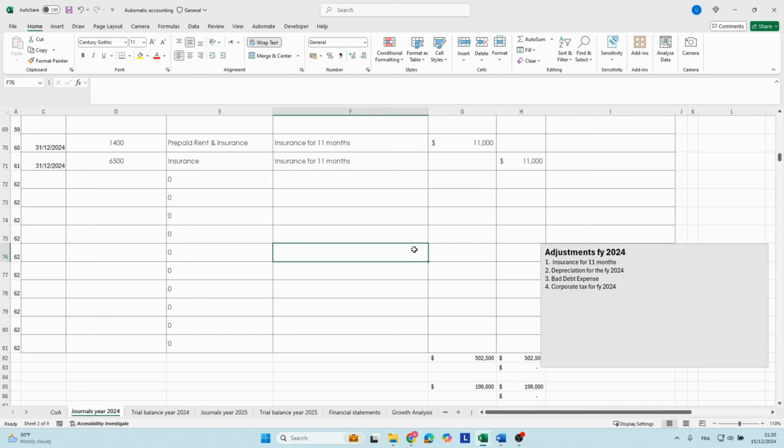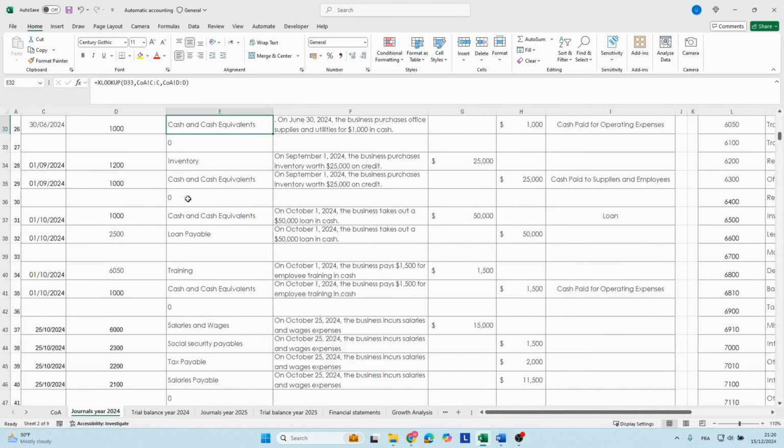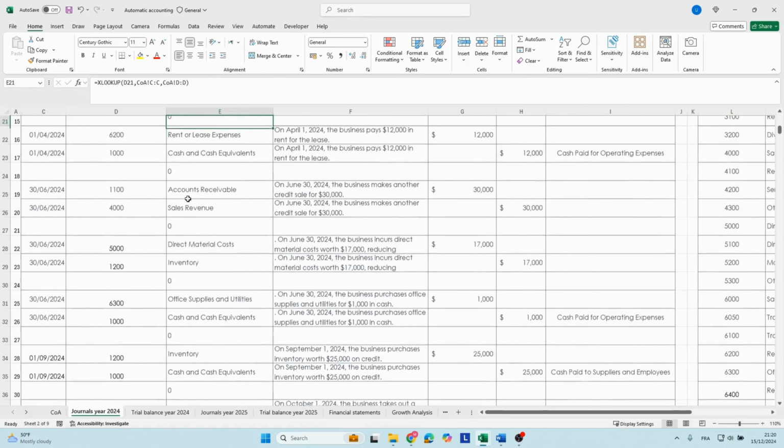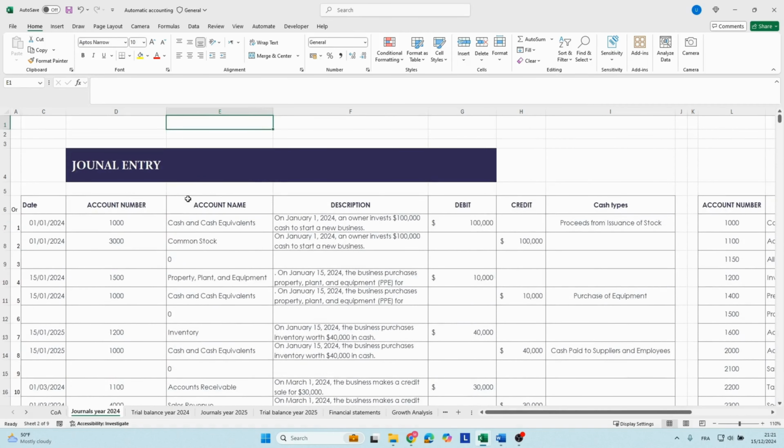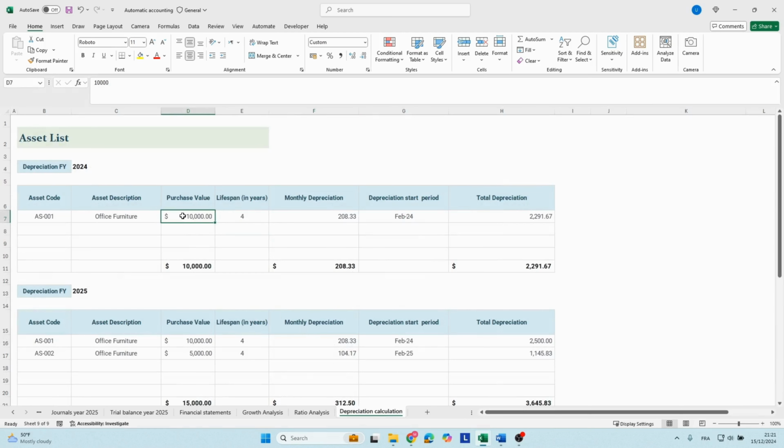Next, we move to the second transaction, which is depreciation for the financial year. We have seen that at the beginning of the year, the company purchased fixed assets. On January 15, they purchased for 10,000. I have created a depreciation calculation sheet where you can see the amount that we purchased. We said that the lifespan for this asset is 4 years.